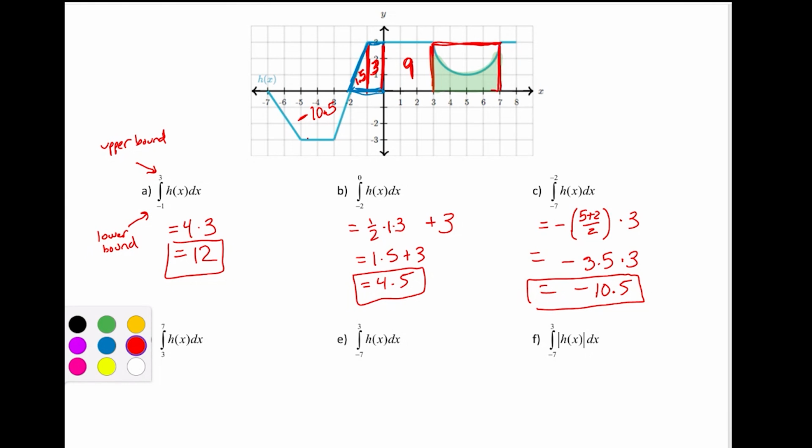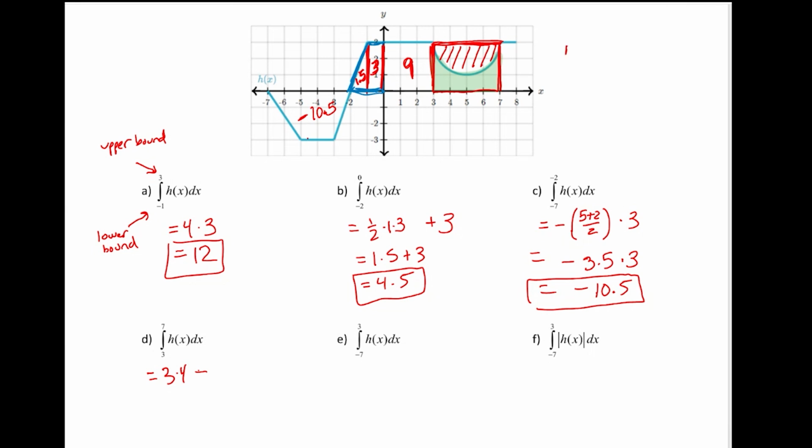Think about the area of this rectangle. And then if we subtract the area of this semicircle, what we'll be left with is that green area, which is what we want. So the strategy is to find the area of the rectangle, which is 3 times 4, or 12, and then subtract the area of the semicircle.